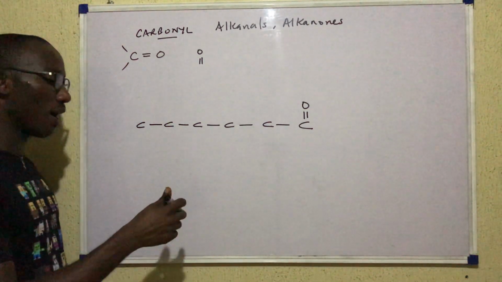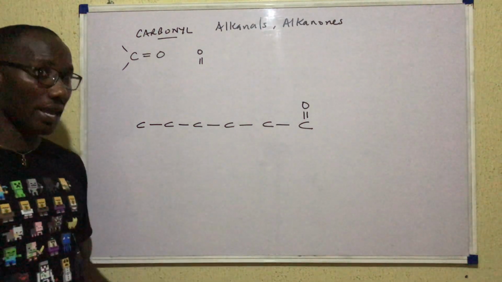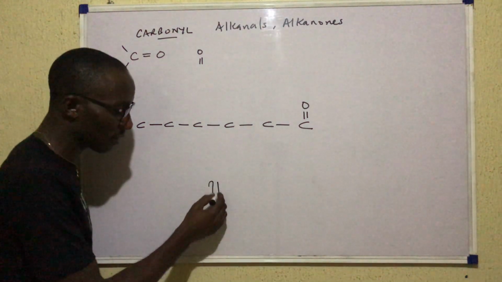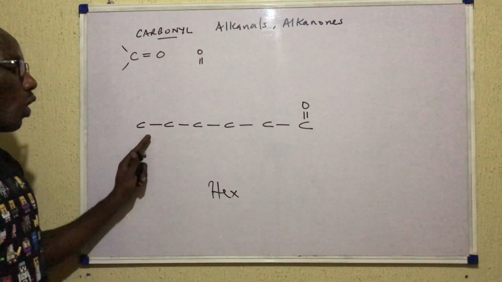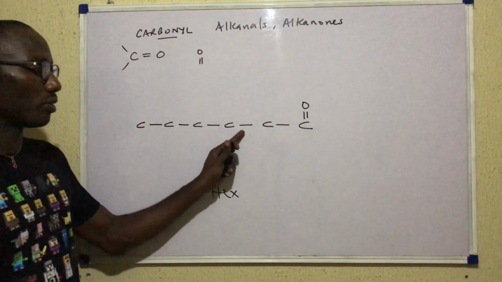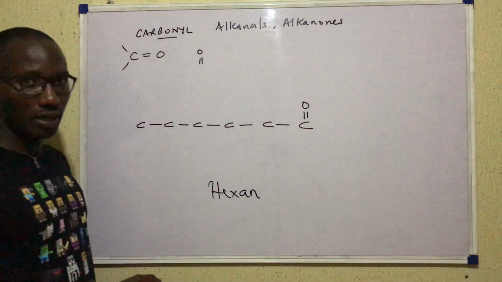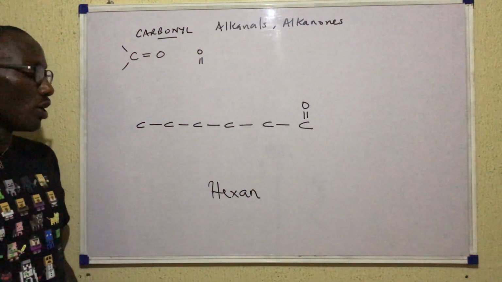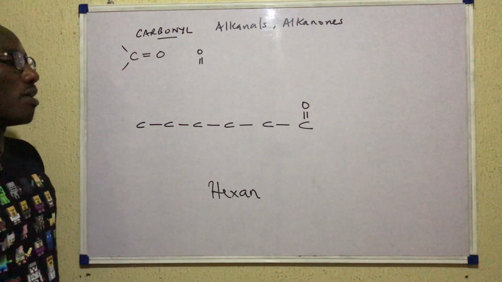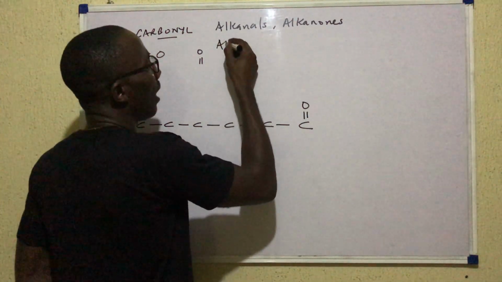So as it is now, if I leave the double bond O there, because there are 6 carbons here, I would want to say hex. So hex stands for 6 carbons. All the carbon to carbon bonds are single. So I would love to add an, as though it were an alkane. They are the ones that are saturated. So we have hexane. And then because it's an alkanal, look at the word alkane.